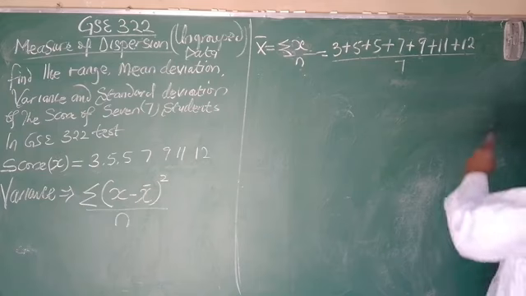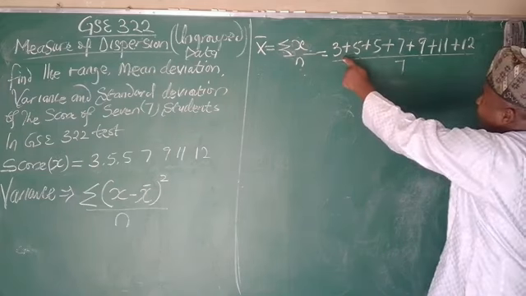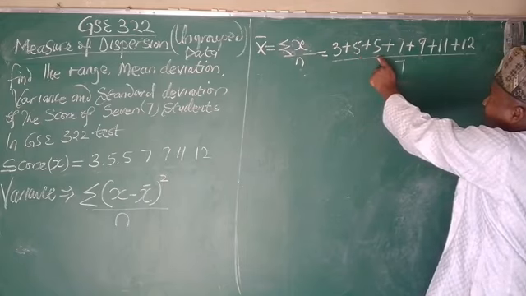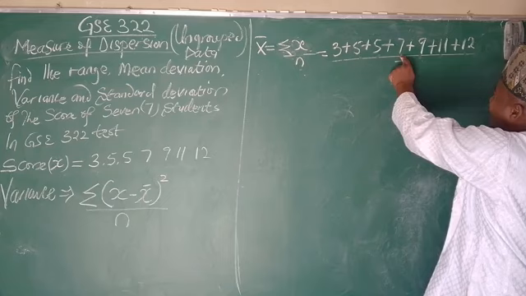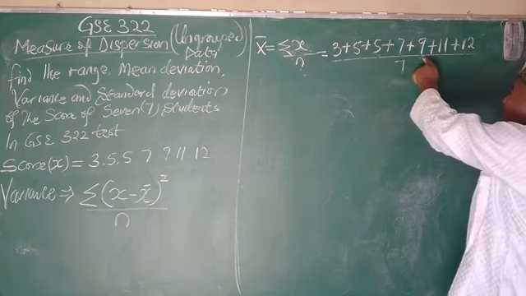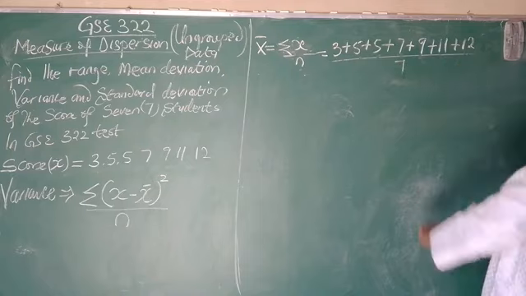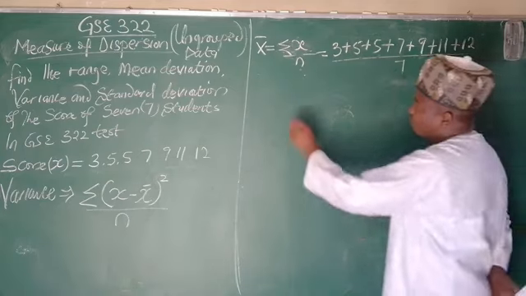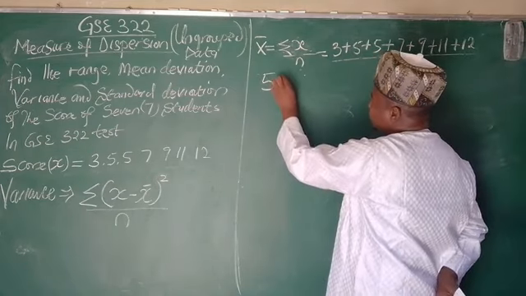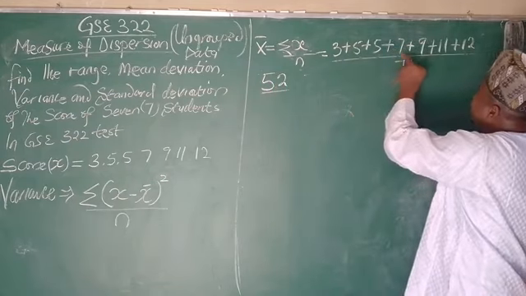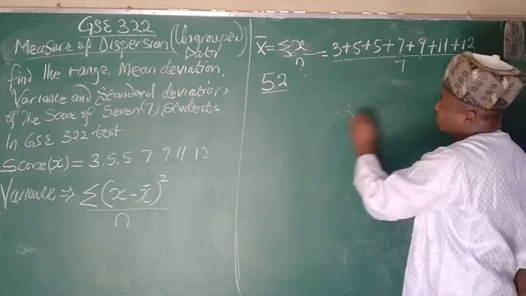So the result of all this: 3 plus 5 is 8, plus 5 is 13, plus 7 is 20, plus 9 is 29, plus 11 is 40, plus 12 is 52. Therefore, we have 52 over the number of items, which is 7.